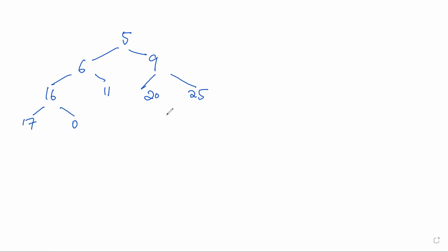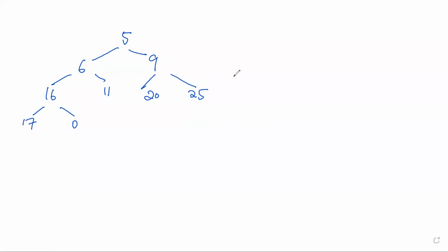Let's repeat this so that we first understand how we do the rearrangement: 5, 6, 9, then 16, 11, 20 and 25, and then I'm going to have 7 and 0 here.